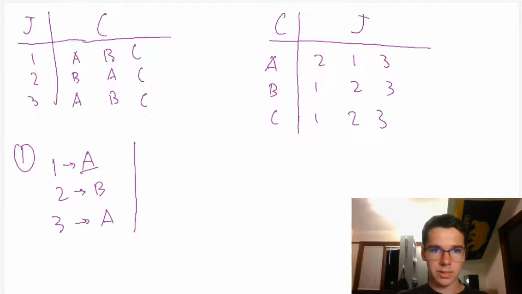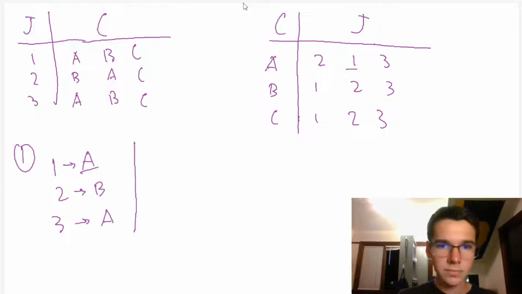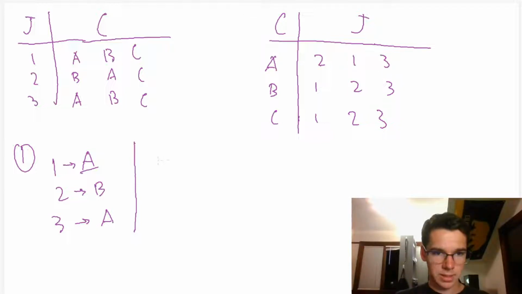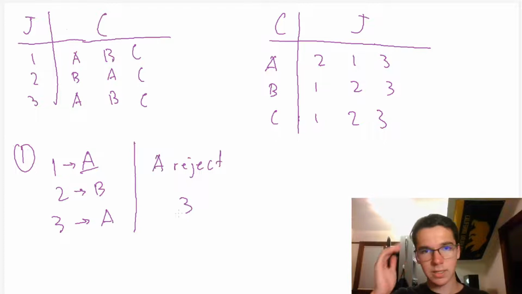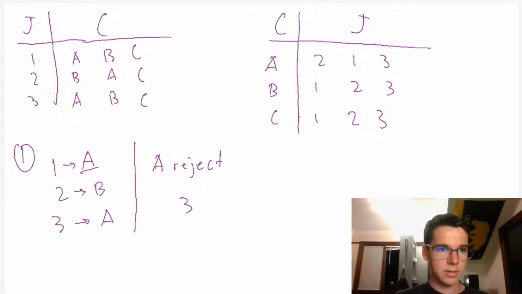And by looking at candidate A's job ranking, we see that job 1 is ranked higher than job 3. So that means A is going to reject 3. Okay, and that sort of takes care of the evening step. And at this point, job 3 is going to cross off candidate A.